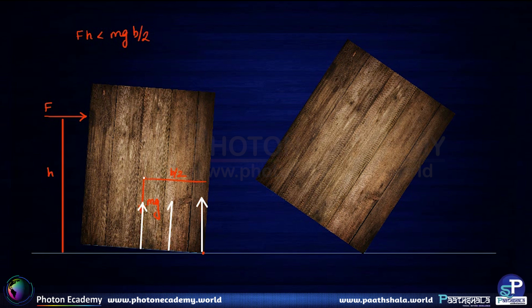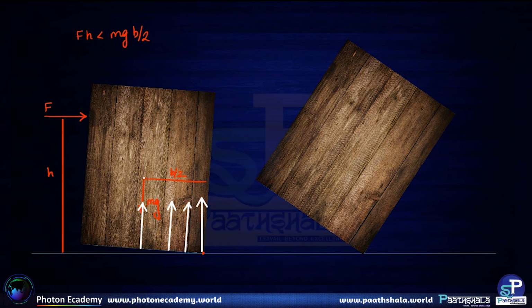If the entire bottom surface is lifted apart from the rightmost point, then this normal reaction will have to be applied through the rightmost point only. So this is an important realization, that the normal reaction shifts as the force F tries to topple the object.